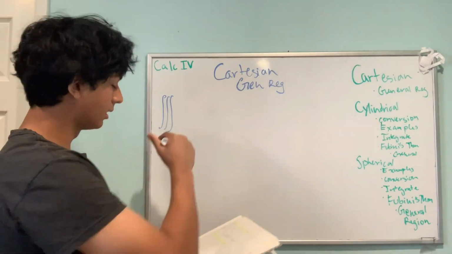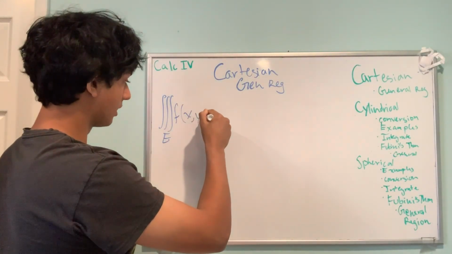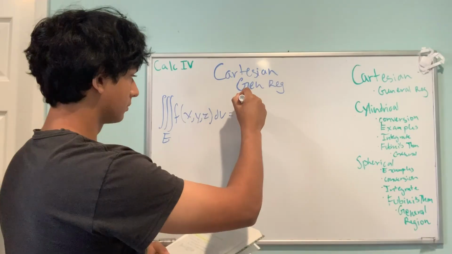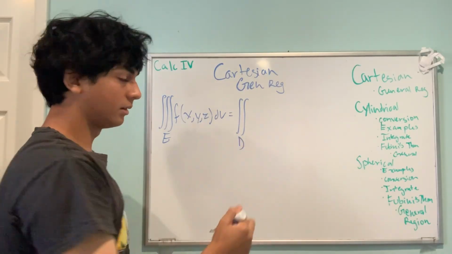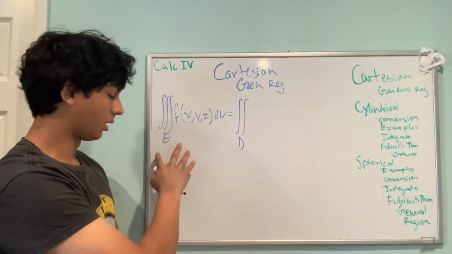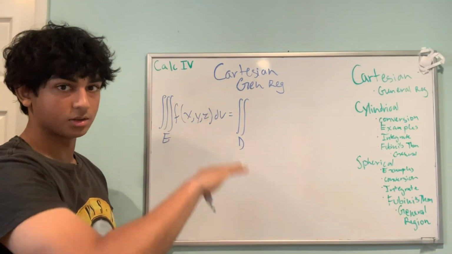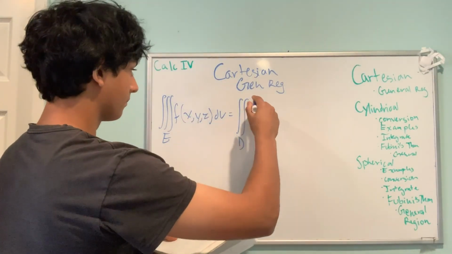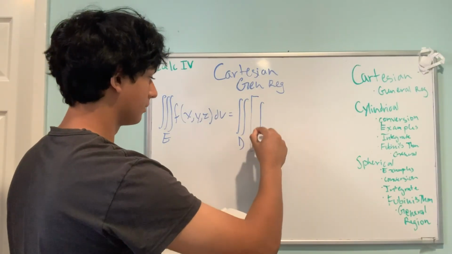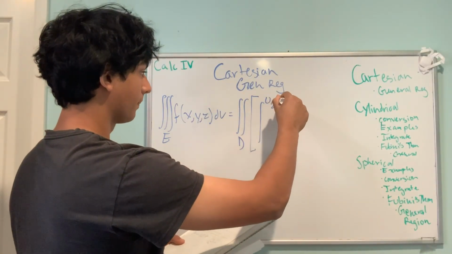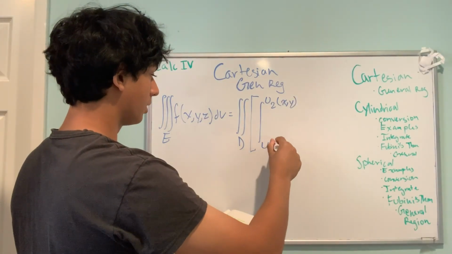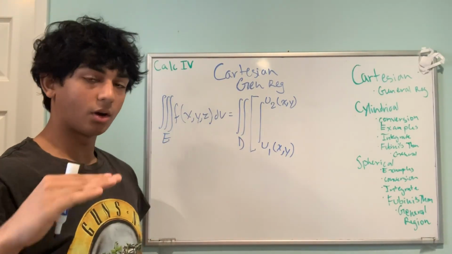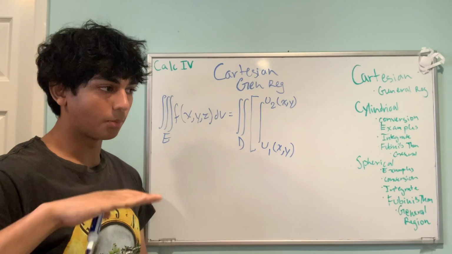Our triple integral over a region E of f of x, y, z dV is equal to the double integral over D, the projection of solid E onto the xy plane, of the integral from u1(x,y) to u2(x,y), where u2 is basically the top of our solid and u1 is the bottom of our solid.